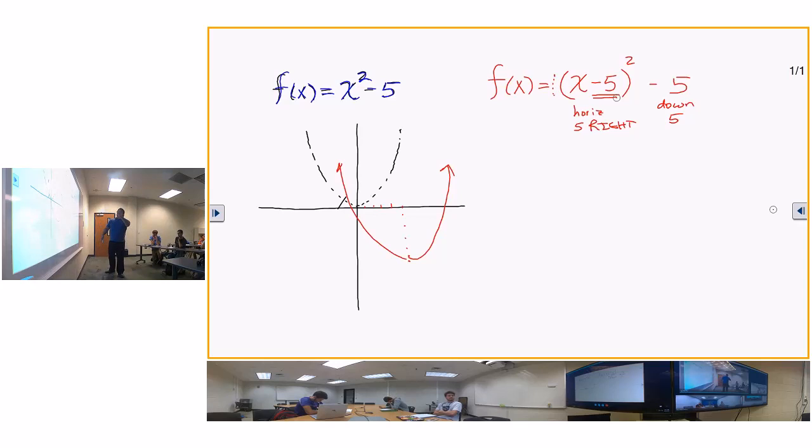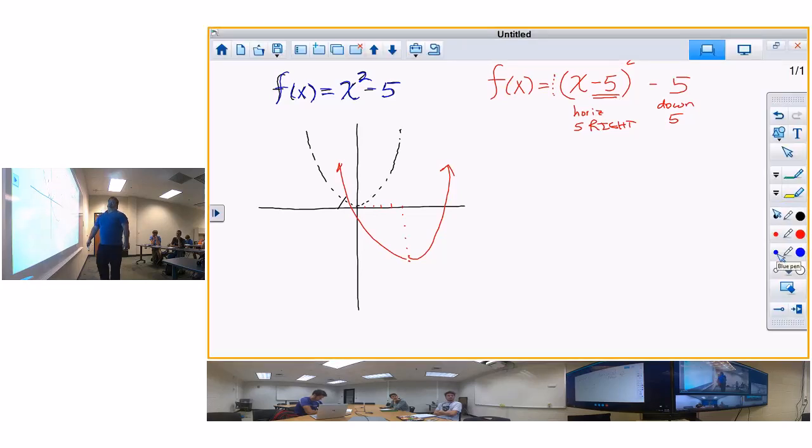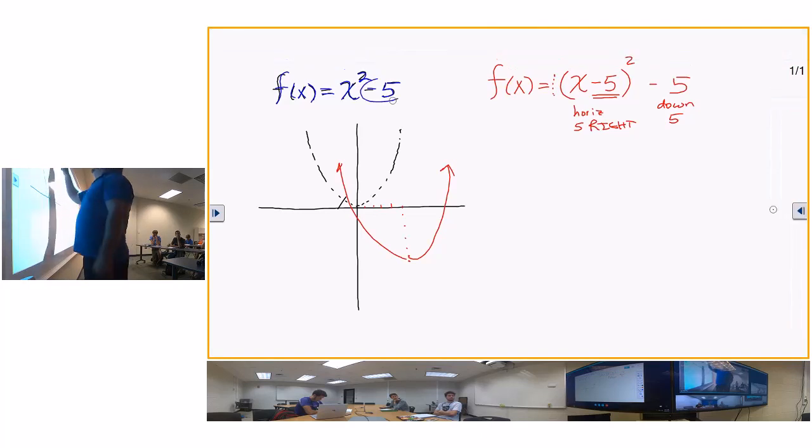If that number is attached to the x, then you have a horizontal shift. Since this one is not attached to the x, it's attached to the function after the fact, the blue is a vertical shift of 5 down.